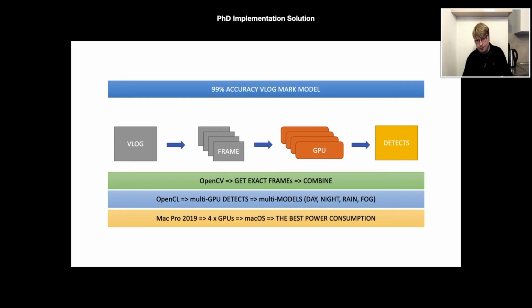Then you forward this information and combine it, maybe with OpenCV, the Open Computer Vision library. If detections are very close to each other, you can combine them as one object.